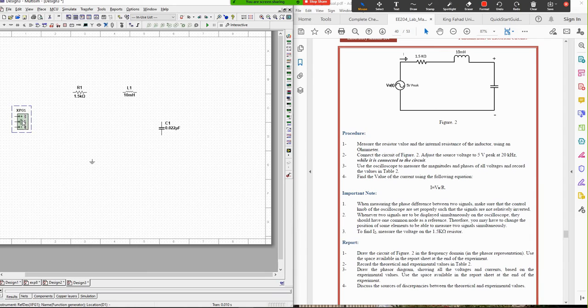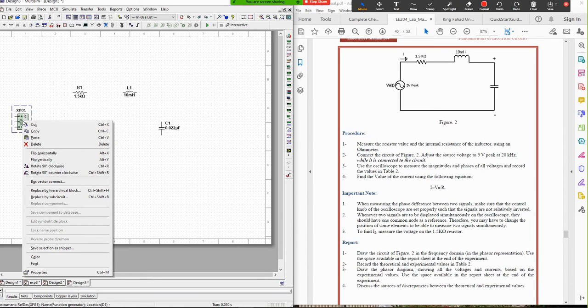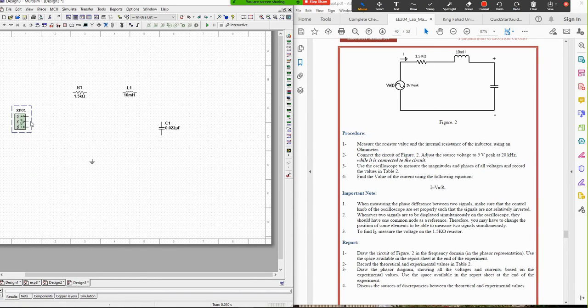Then we right click, we flip it horizontally. Then we connect our components to complete the circuit. Click here. So now our circuit is complete.